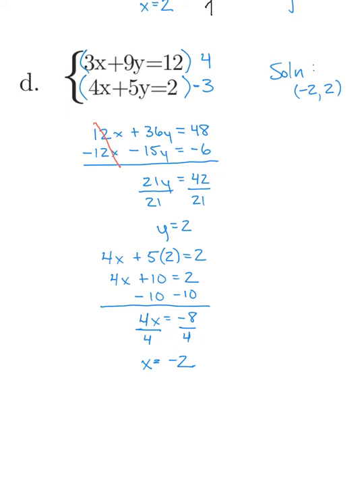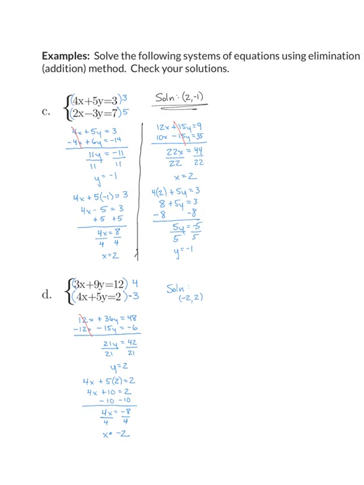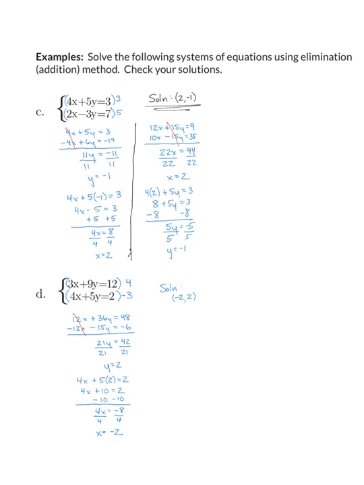From here you should go ahead and check, but hopefully you kind of got the gist of that. If you plug this in, you should get that this is going to work out just fine. So that is the elimination method. One thing to note, especially on these problems, would have been really challenging to solve using substitution method, just because you do have coefficients for every single one of your variables.